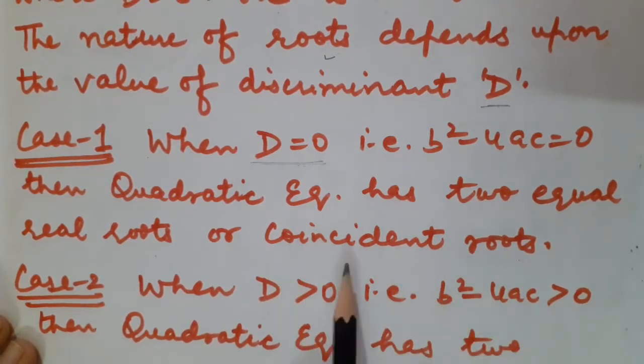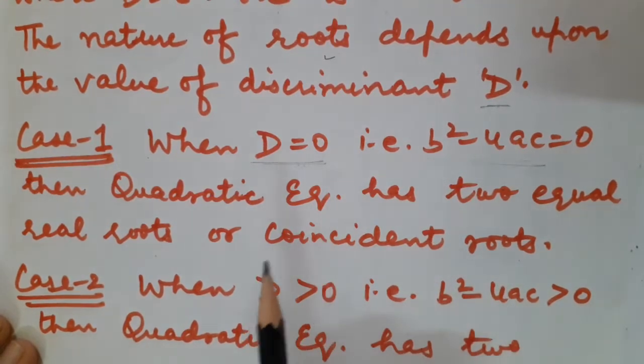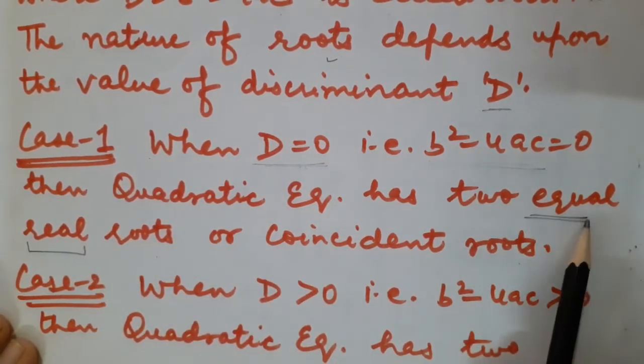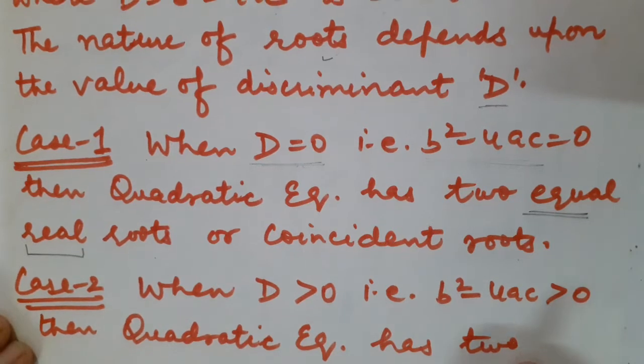Children, you definitely know that in a quadratic equation there is the possibility of 2 roots, and those 2 roots will be real, and they would be exactly the same, meaning equal roots as well. This is case number 1, d is equal to 0, meaning discriminant is equal to 0.